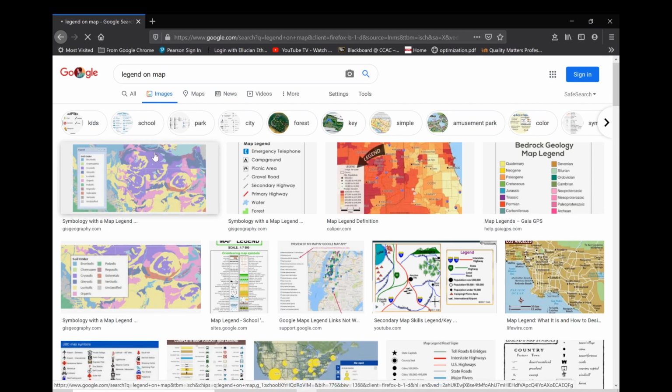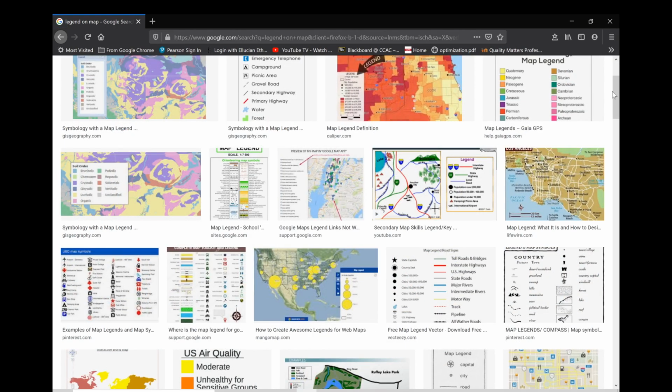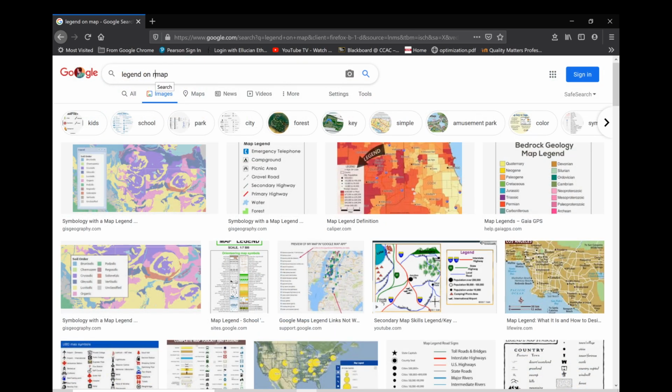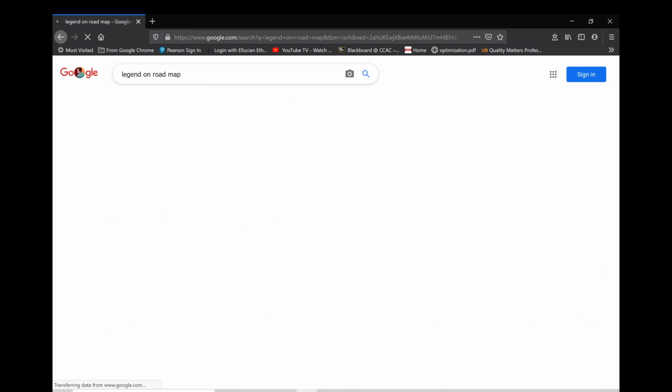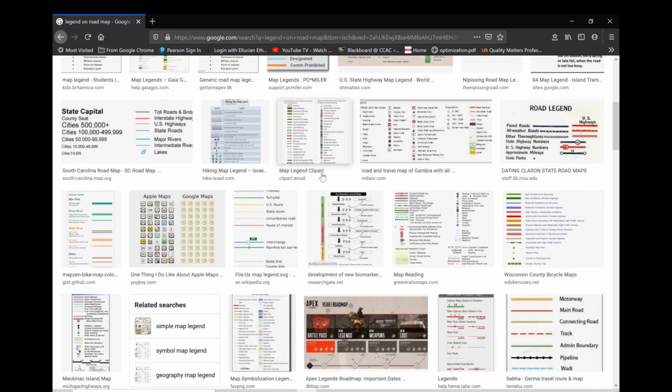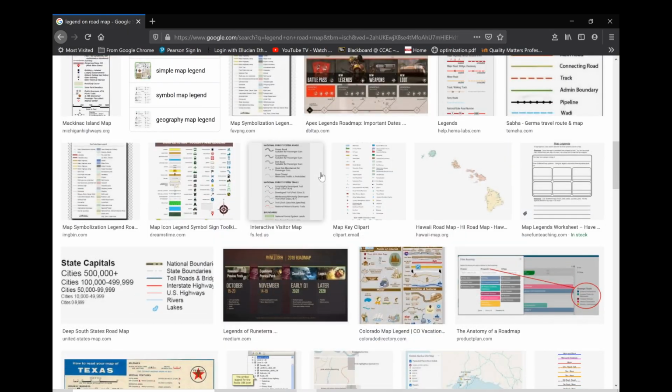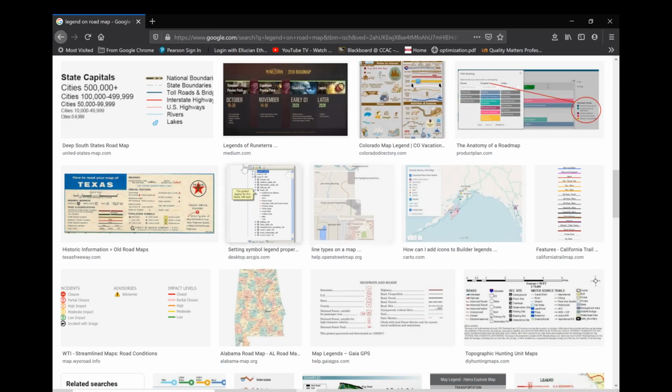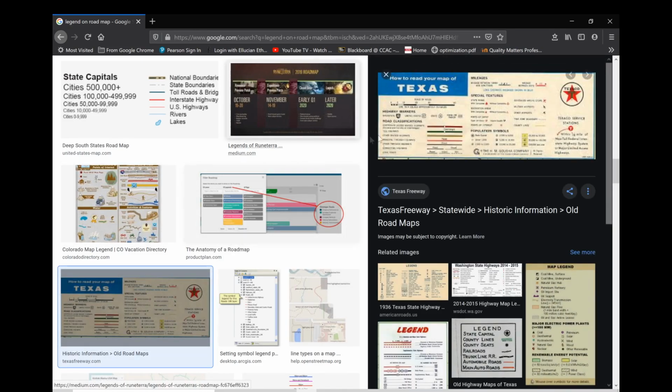All right. So let me see here. Let me be more specific here. Let's look up a road map. Look at Texas here.